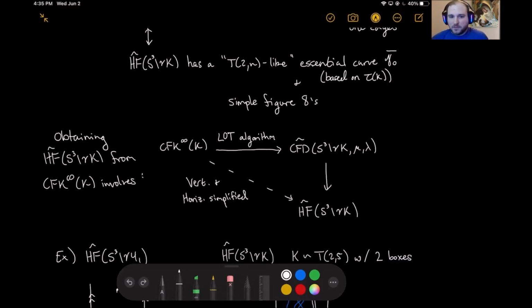And then Hanselman, Rasmussen, and Watson, in the case that you end up having a vertically and horizontally simplified basis for your full knot Floer complex, give a sort of shortcut version to obtain the desired immersed curve invariant. For our cases, this is true for thin knots, so they're very easy to conjure up.